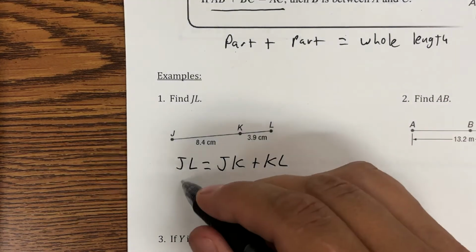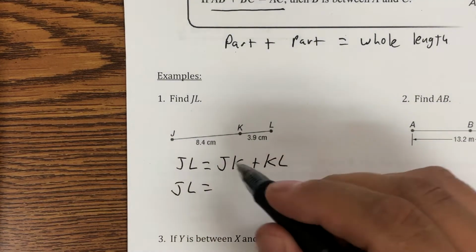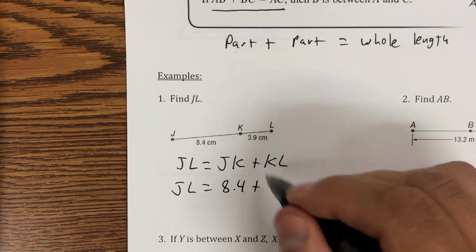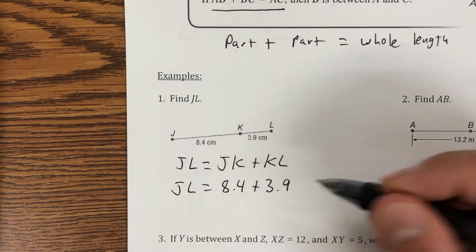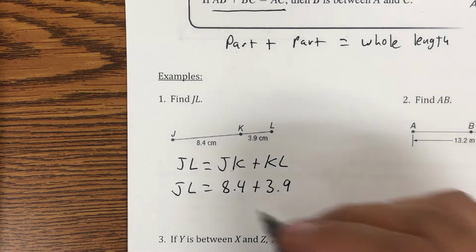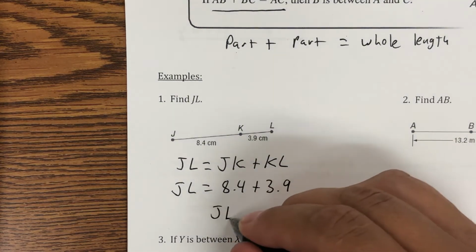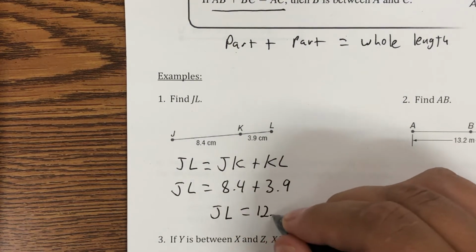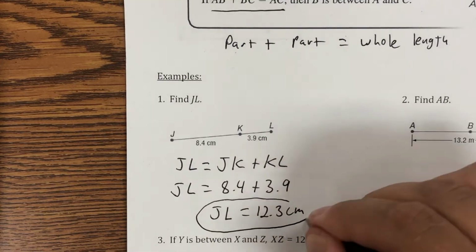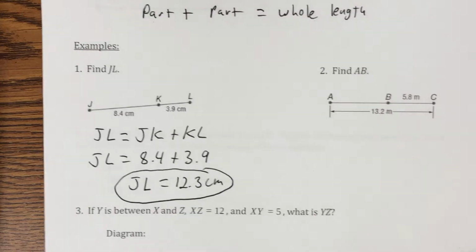That's okay. So JL is equal to the first part JK, which is 8.4, plus KL, 3.9. When I add those two pieces together, we will get our solution for the length, which is 12.3, and that's JL, 12.3, and our units were in centimeters. I'm going to include that and circle my answer.